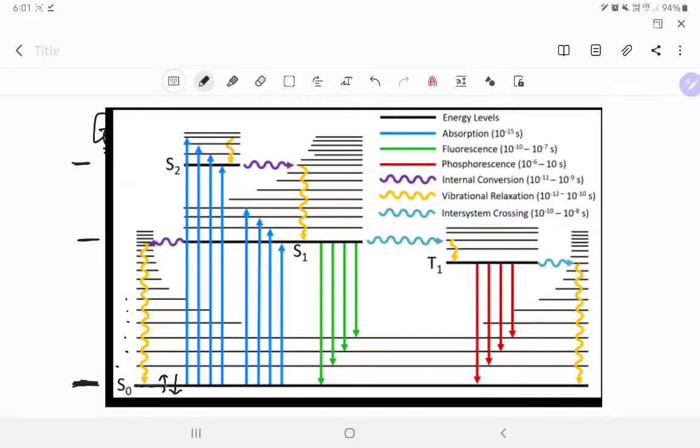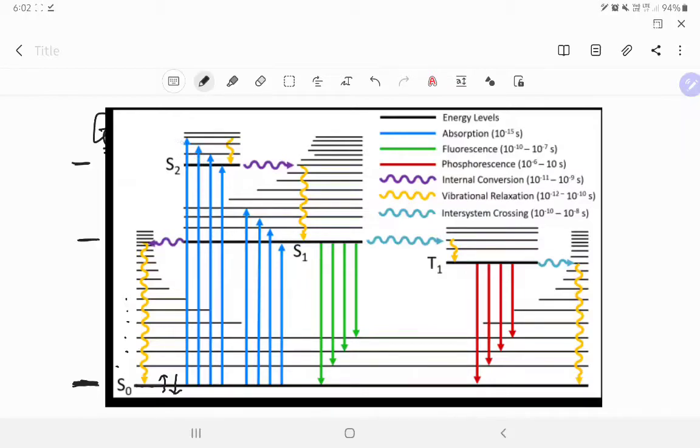We are calling it S0 because it is a singlet state. Electrons are paired. Now, when it absorbs radiation, it undergoes excitation from S0 to S1, a higher electronic energy level. Or S0 to S2, a higher electronic energy level, also in a higher vibrational level.